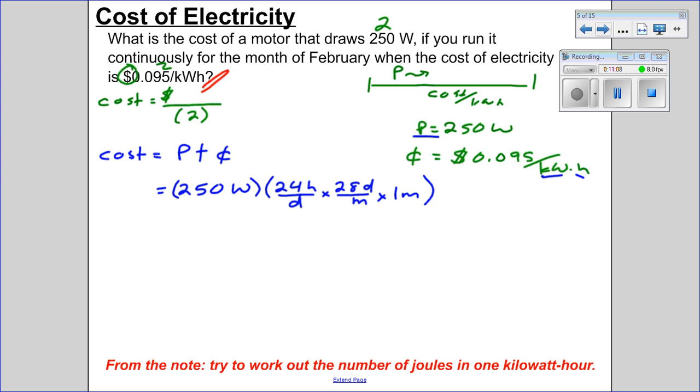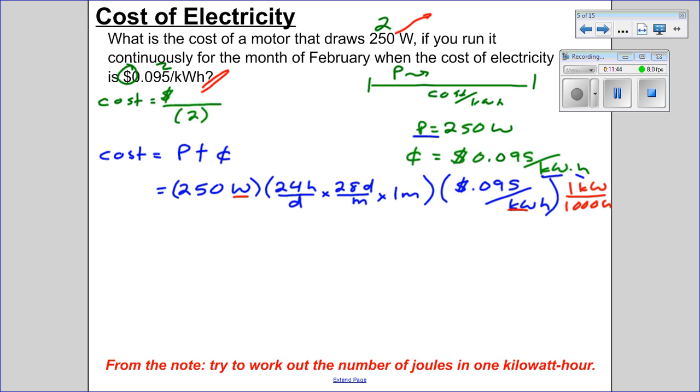And then we're going to put our cost in, which is $0.095 per kilowatt hour. And we have one more thing we have to toss in here. I'll put it in red because it's not immediately obvious, and that's that we have kilowatts on the bottom and watts on the top, so we have to switch that up. And the way we do that, we do something that's got kilowatts on the top and watts on the bottom. 1 kilowatt per 1,000 watts. Okay? Now you could have just converted this immediately into kilowatts if you wanted. That would also work.